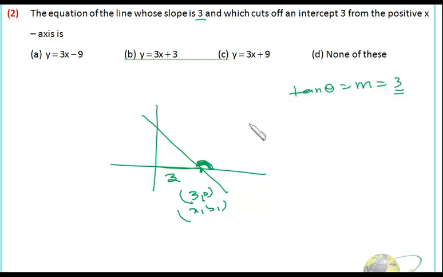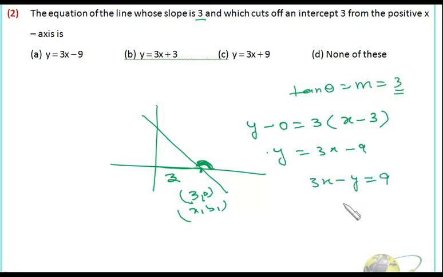Now y minus y1, so y minus 0 is equal to m(x minus x1), so it is y is equal to 3x minus 9, or we can say 3x minus y is equal to 9, or 3x minus y minus 9 is equal to 0. From the options, y is equal to 3x minus 9, so this one is correct. That's pretty simple.